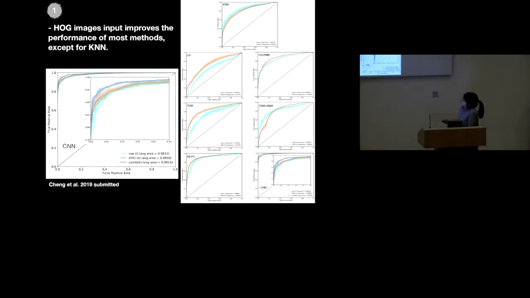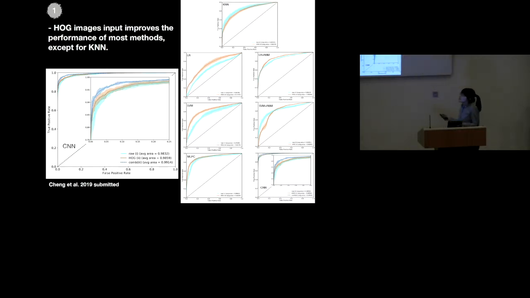The first investigation shows a comparison of different types of input data. Here is a ROC curve. Thanks to the first speaker, this was already explained. Here are the 7 different methods, the crayon color is the raw image and the orange is the gradient image.